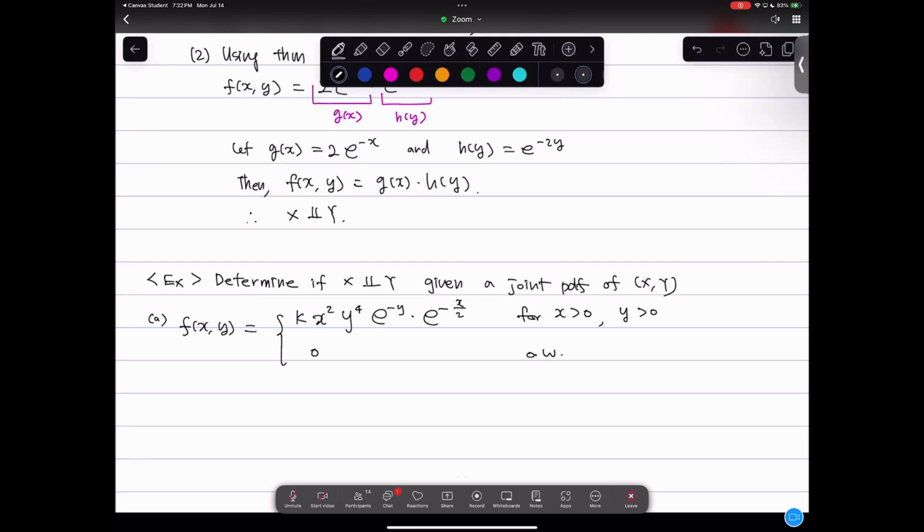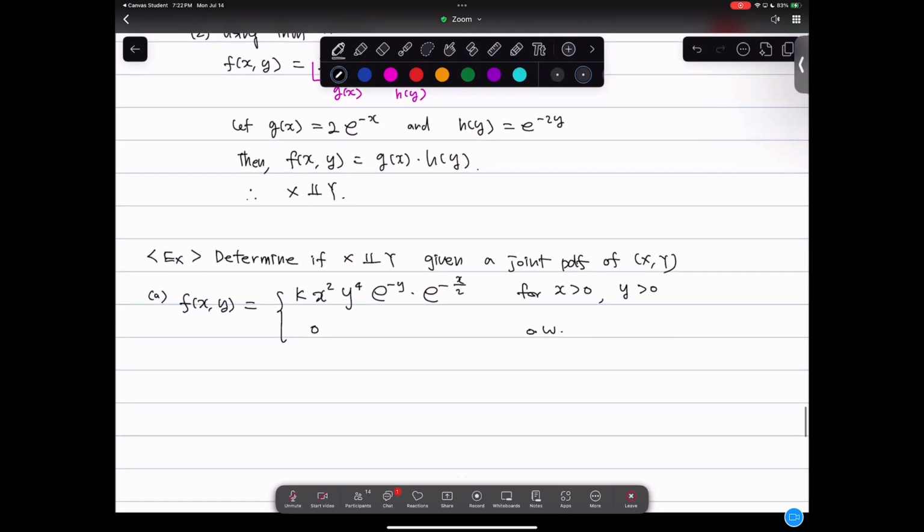I'd like to know if X and Y are independent. Well, I can see right away, whatever the constant k is, it's a constant.